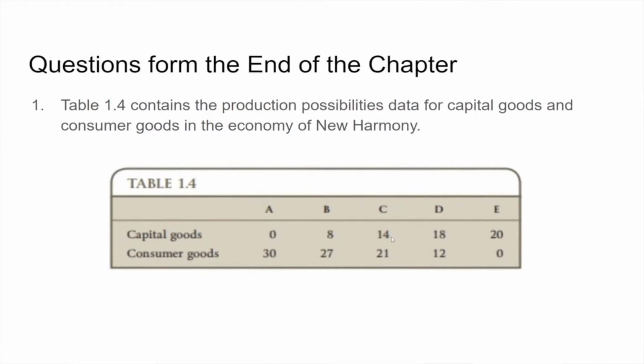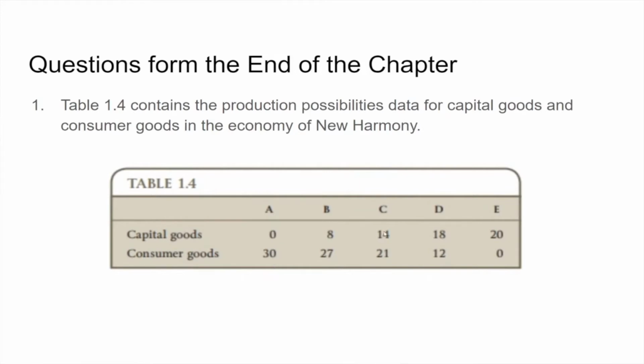If we go back to our table, we're producing nothing, we're producing 8, we're producing 14. So here's the first 14 at point C, okay? See how we've gone from 0 to 14 here? In order to go from 0 to 14, what happened to the equivalent production of consumer goods? Well, we started off at 0, we made 30. As we work our way to 14, we're only making 21.